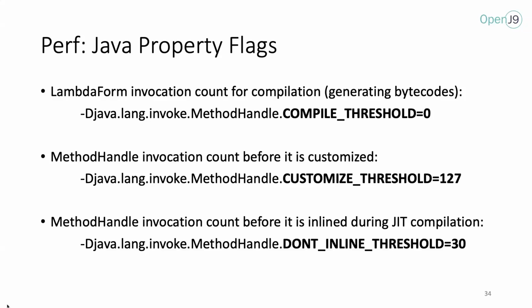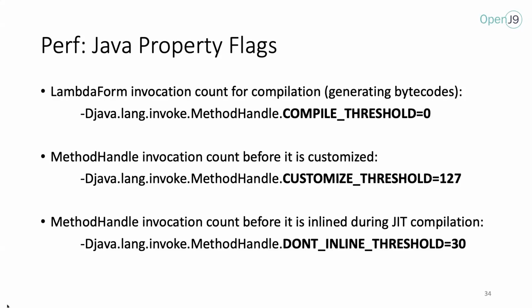The last property refers to inlining a method handle in JIT. It's again a threshold, and threshold applies to the invocation count of a method handle. It only applies to certain kinds of method handles. Currently, OpenJ9 does not obey do not inline threshold because this work is still in progress.